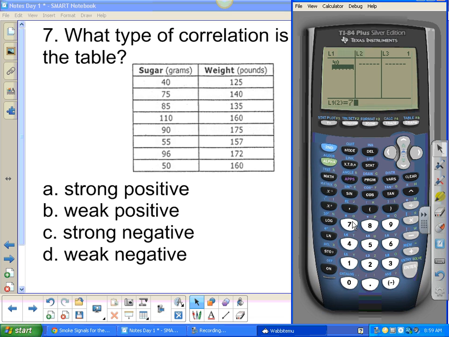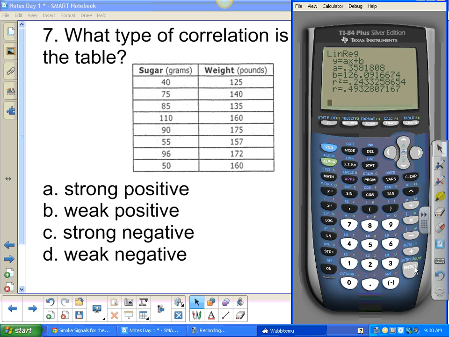Type it in very carefully. Okay, and once you have your data typed in, you quit. You go back to Stat, go over to Calc, go down to number 4, hit Enter.